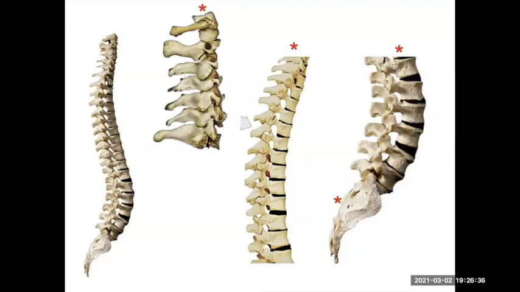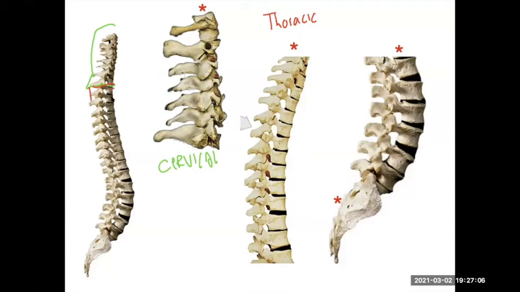Within the actual vertebral column up here, before you get to your sacrum, you're going to be dividing it into your cervical. That's the top portion, right about here. From here, your thoracic, which will be about here.